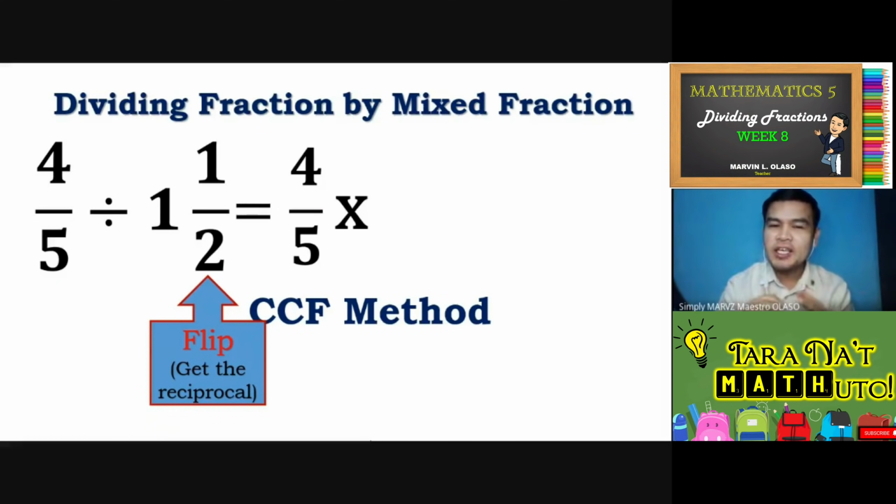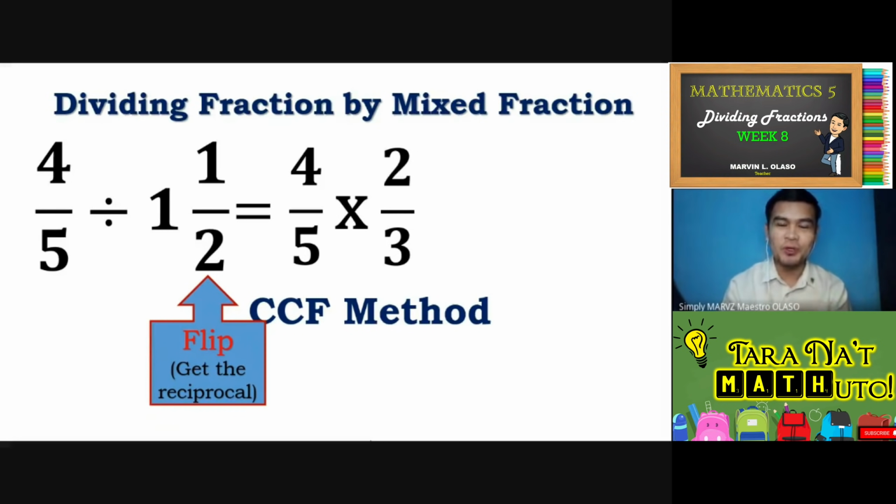Oops! Since ang ating divisor ay isang mixed fraction, so anong gagawin mo para makuha mo ang reciprocal? Is that first to improper fraction. 1 and 1/2 is equal to 2 times 1, 2 plus 1, 3. 3/2. So what is the reciprocal of 3/2? That's correct. It's 2/3.